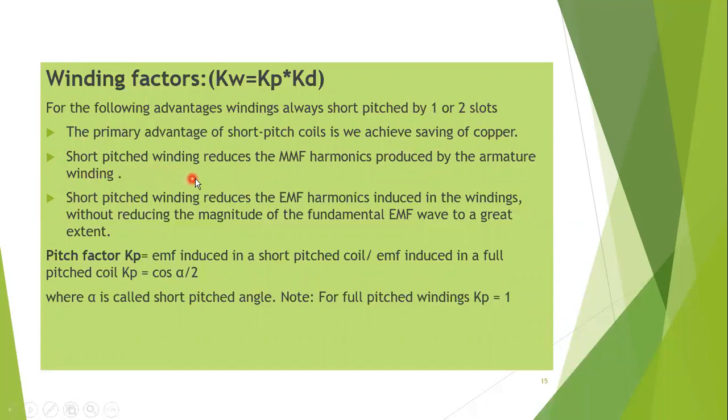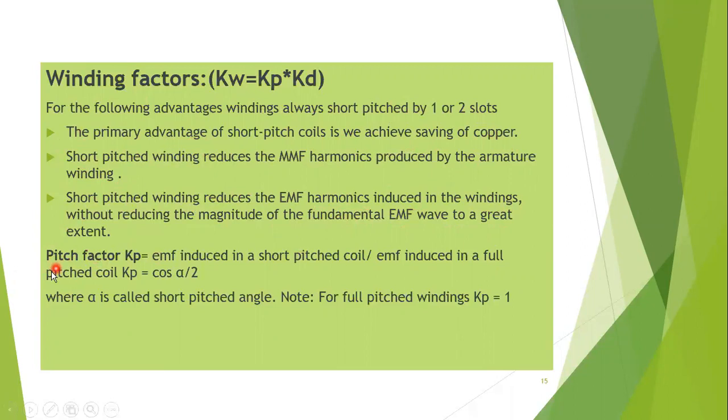Short pitch winding reduces the MMF harmonics produced by the armature winding. Again, short pitch winding reduces the EMF harmonics induced in the windings without reducing the magnitude of the fundamental EMF wave to a great extent. For all these advantages, short pitch winding is usually preferred over full pitch winding.